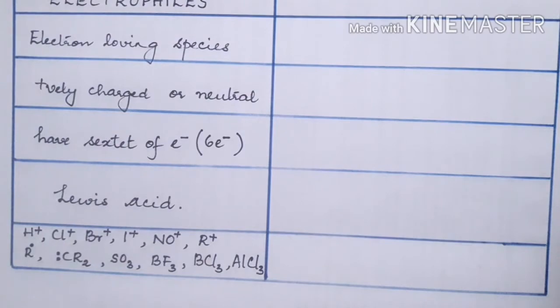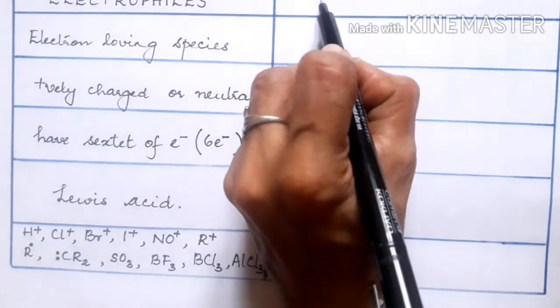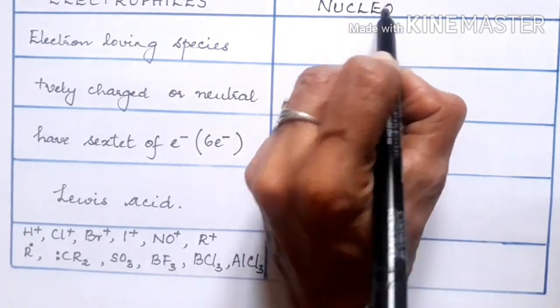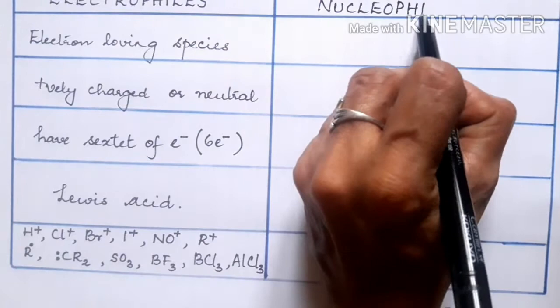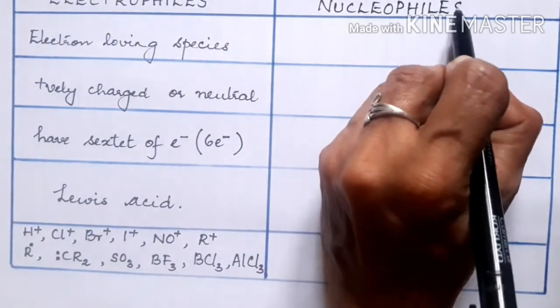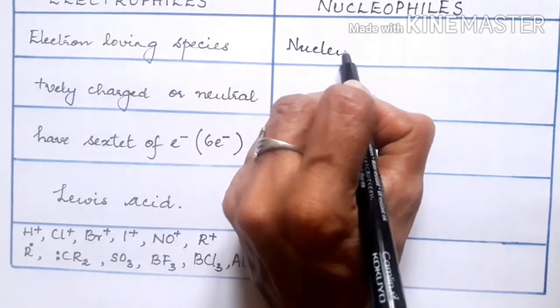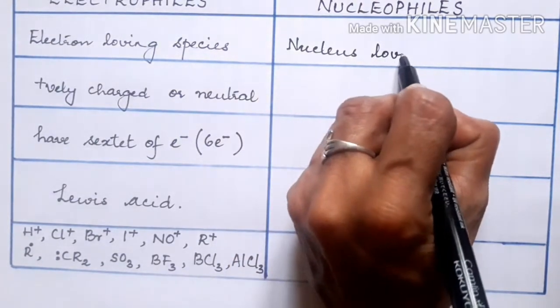The next type of reagent will be nucleophiles. From the word itself, it is evident that it is a nucleus loving species.